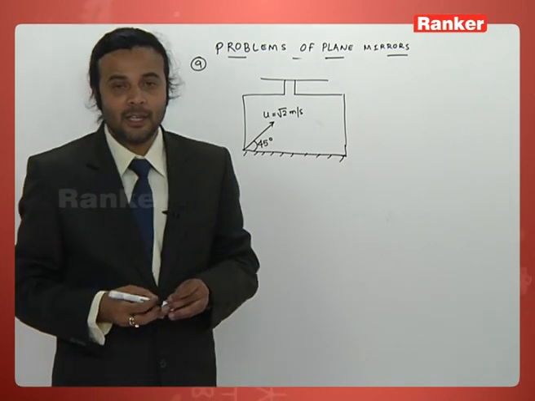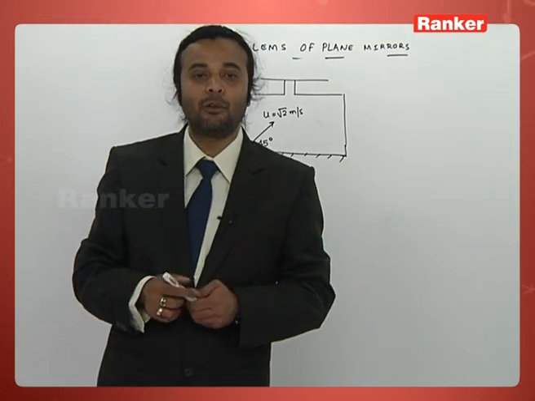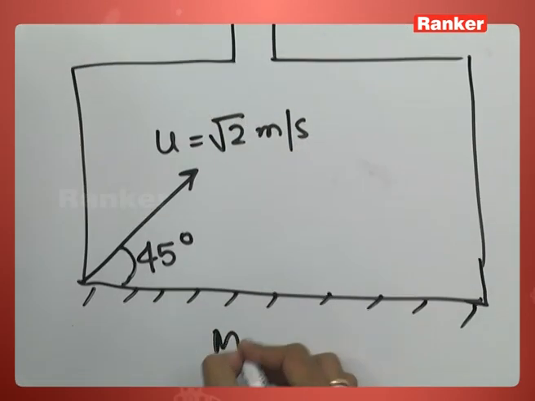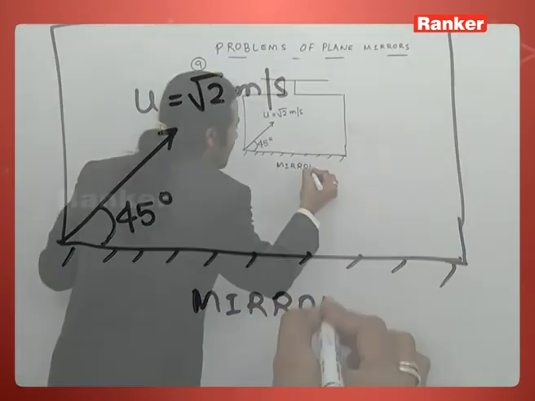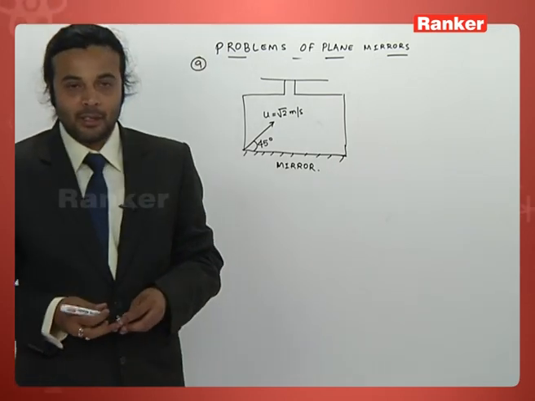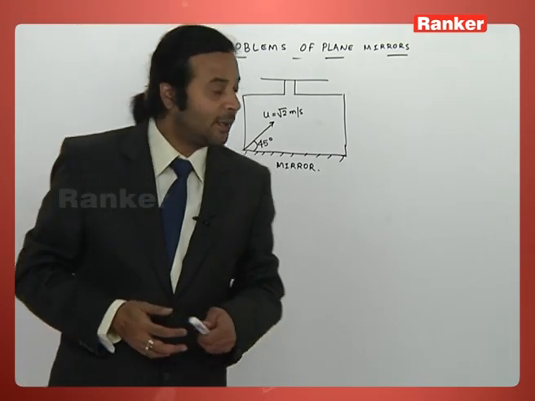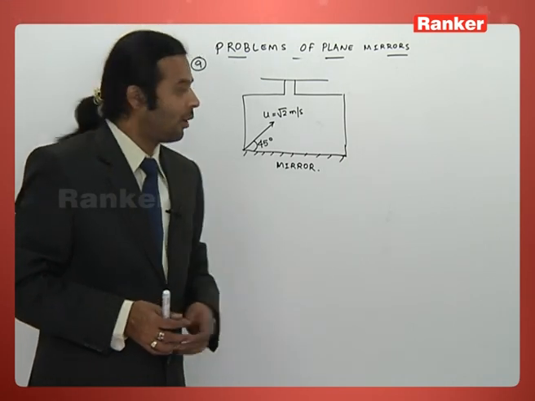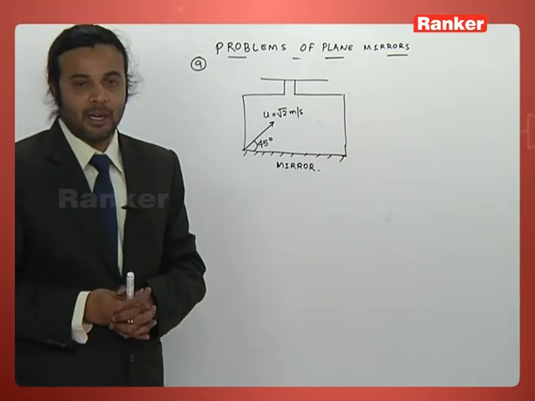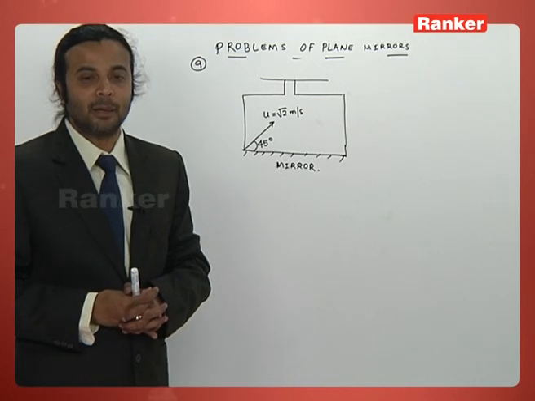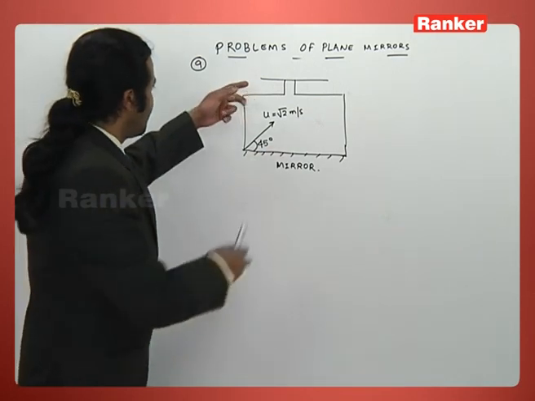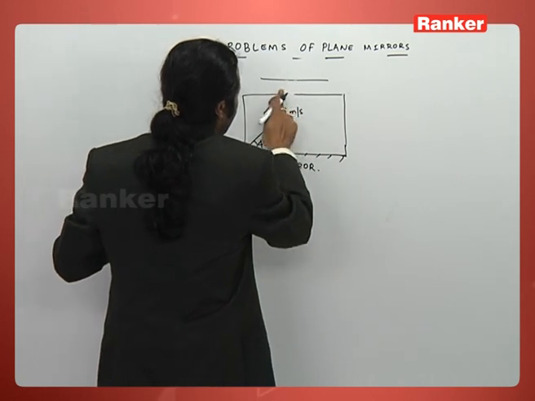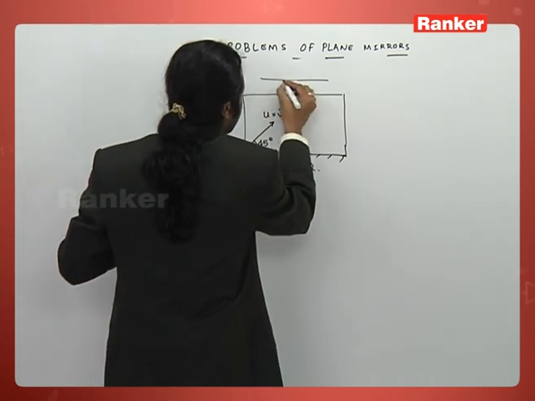That means an elevator at rest, which is at the 10th floor of a building, has a plane mirror fixed to its floor. This is the mirror. Suppose I say this is the cable; instead of showing this, I can make it one cable. That will be fine.